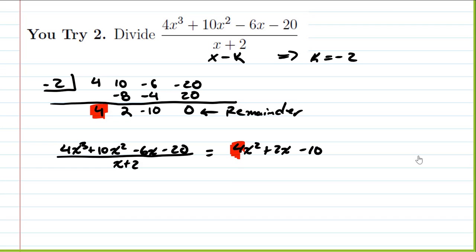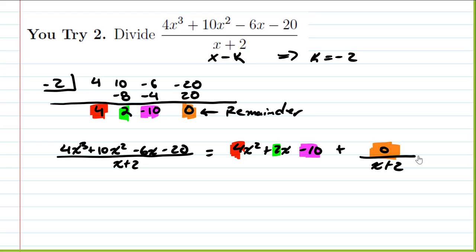So our coefficients are these values right here. And then plus our remainder over our divisor, and our remainder this time was 0. So we didn't really have to include it over our divisor, which was x plus 2.